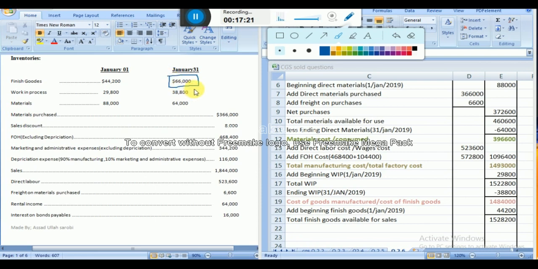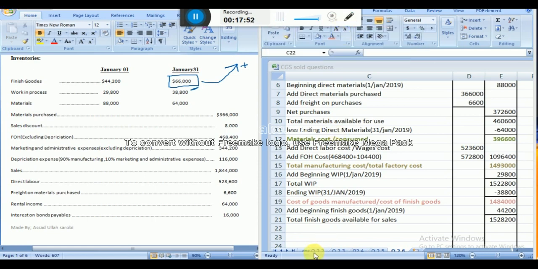So this is the ending of the month of January. From January we will subtract this cost, and this cost will be transferred to next month, February. We will add it. The ending of January will become the beginning of February. So from January we will minus, and in February we will add these amounts. Clear? Why?